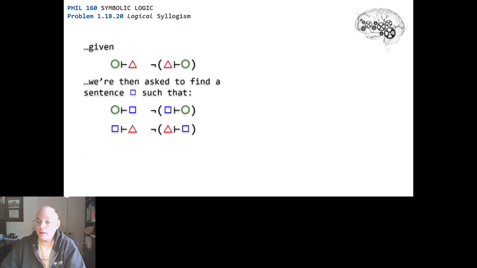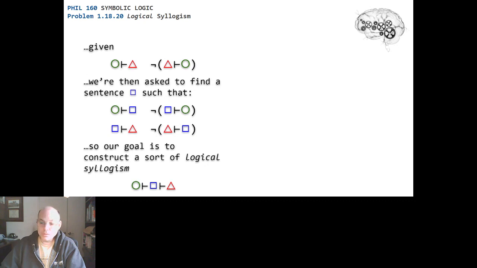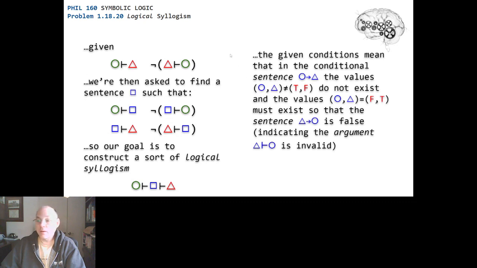So square, therefore circle is not a logical flow, and triangle, therefore square, also doesn't follow. Our goal is to construct a sort of logical syllogism where we move from left to right, from circle through square to triangle, but it shouldn't work the other way.